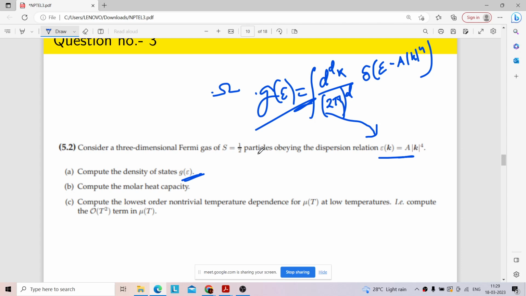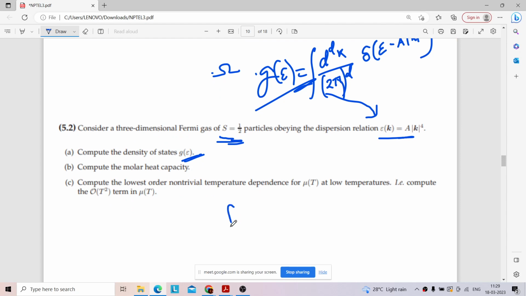Now you see this particle is spin half. So for this, the distribution function will be Fermi-Dirac.